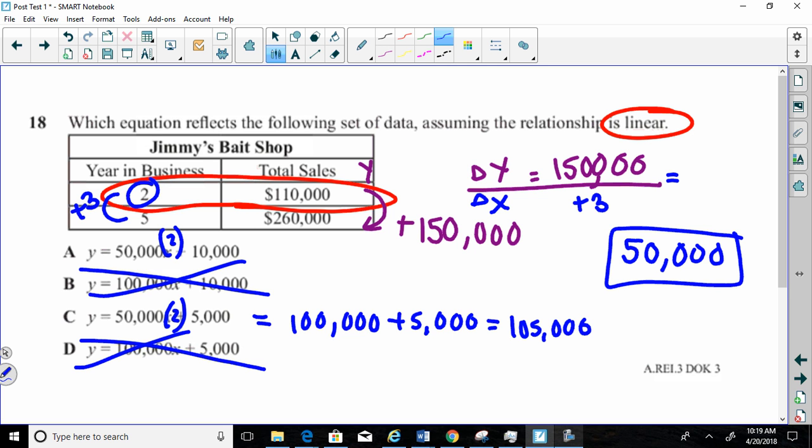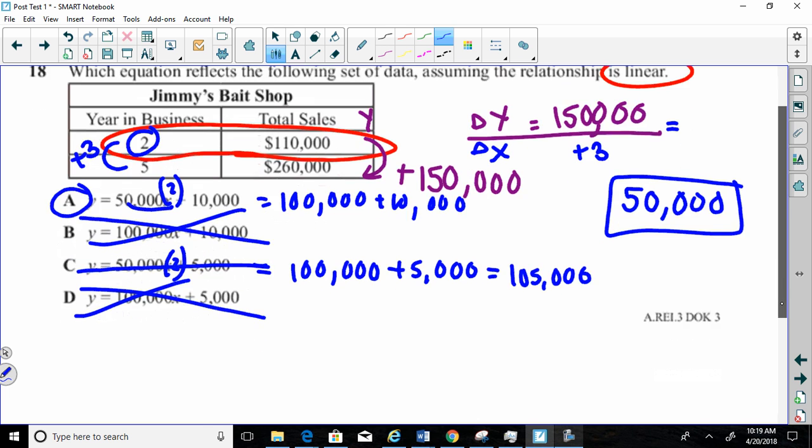Is this the answer? No, because it should be 110. When you do it in here, 50,000 times 2, guys, is what? 100,000 plus 10,000 is 110,000. So what's your answer? Does that make sense?